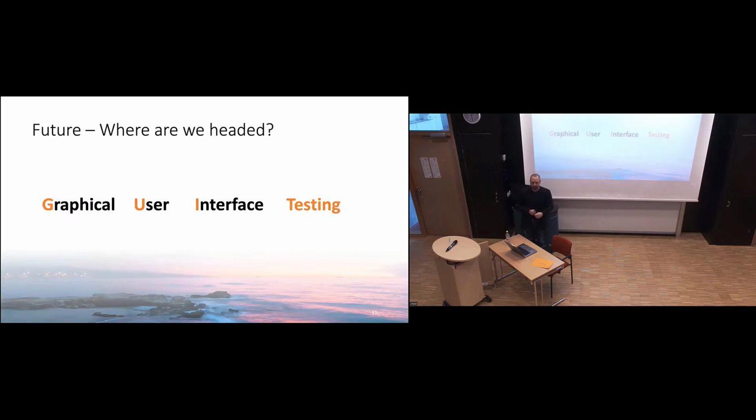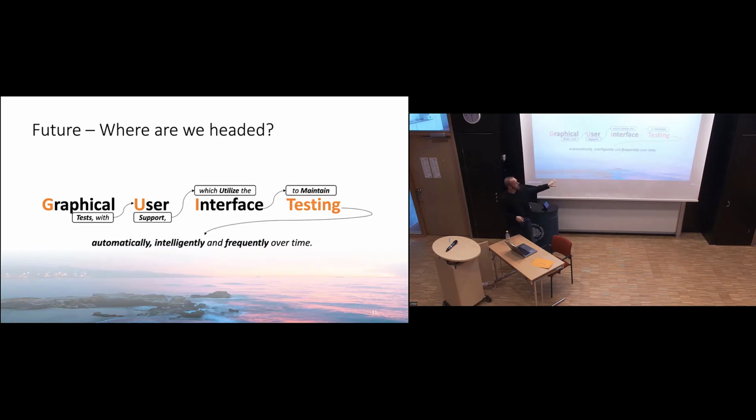Where are we headed? If you take the GUI, graphical user interface testing, I would like to augment that a little bit. So for the future, I would like us to think about graphical tests with user support, which utilize the interface to maintain testing automatically, intelligently, and frequently over time.